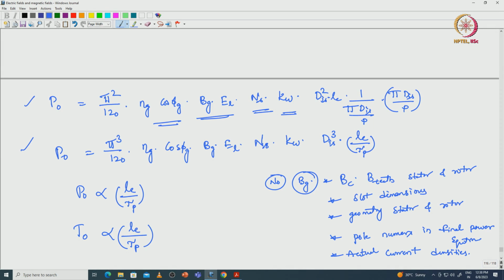Then this power equation may not be that accurate, but these are the standard equations we follow to design any type of machine. In order to make an accurate design, we have to consider these components also. In this analysis we have seen only the air gap flux, the length of the core and the inner diameter of the stator.